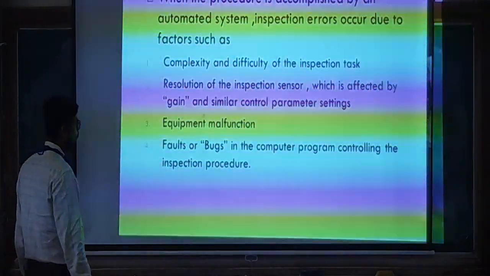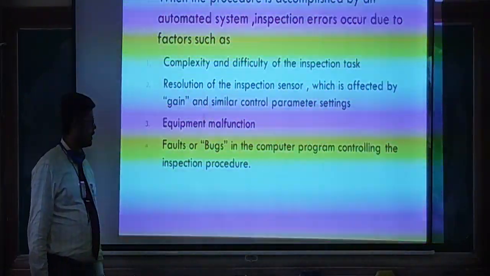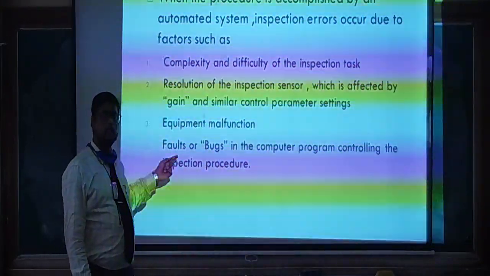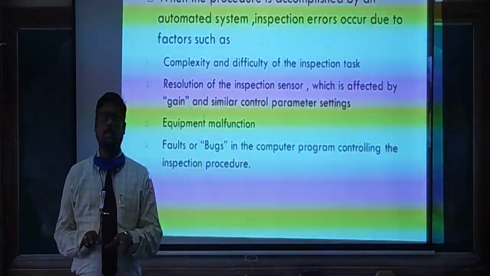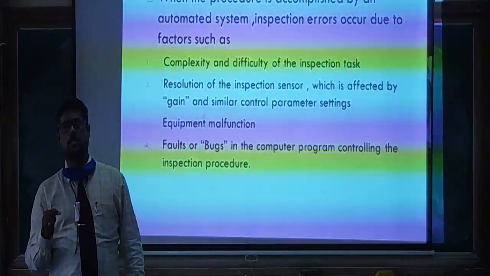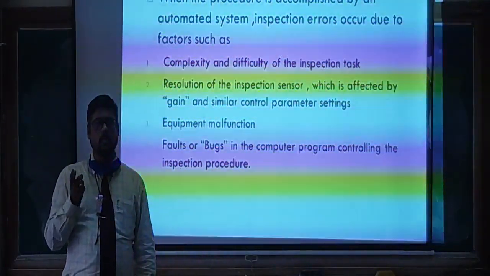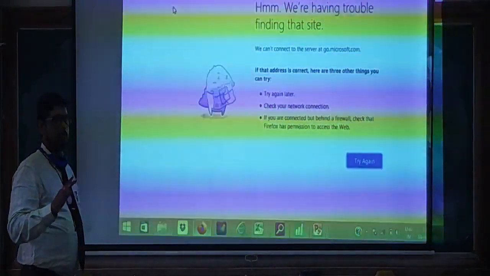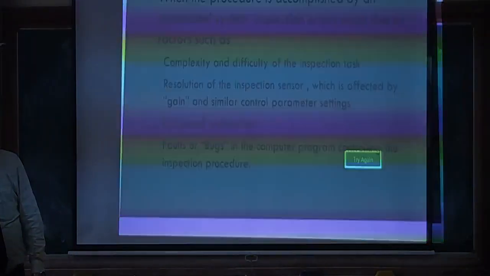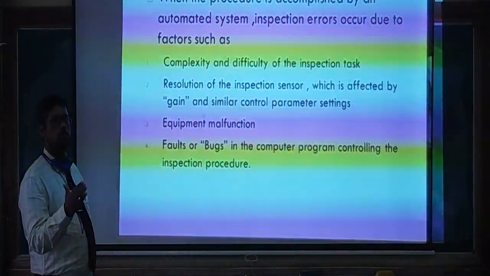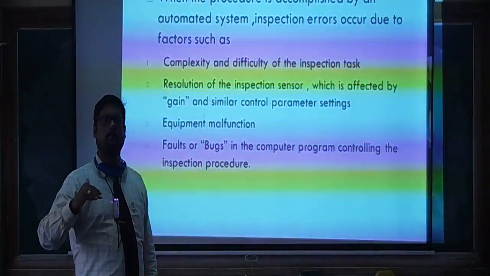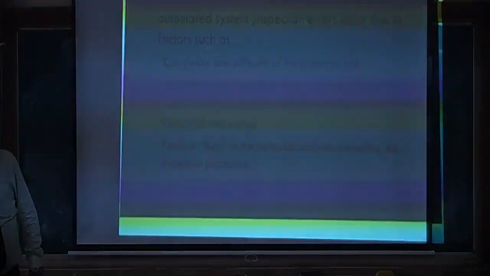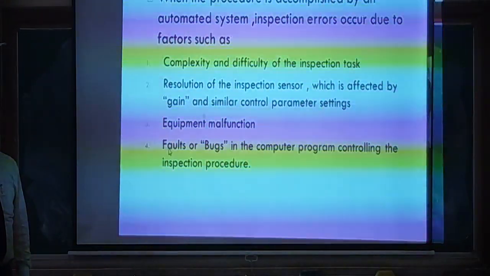Next, fourth one is the faults or bugs in the computer program controlling the inspection procedure. If we are writing the CMM programs by using the joystick, using touch probe sensors, and we are touching the surface to create a plane, and with respect to that plane, taking that as a datum, you are checking all the different parameters in the cast part or machined part: holes, thickness, and the other parameters.